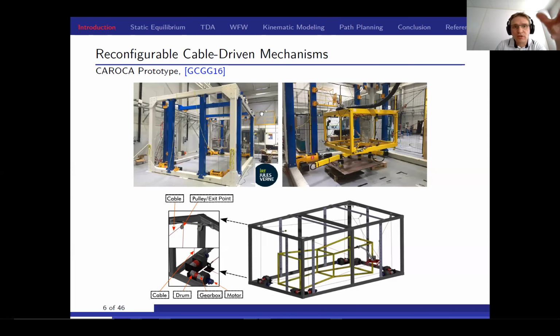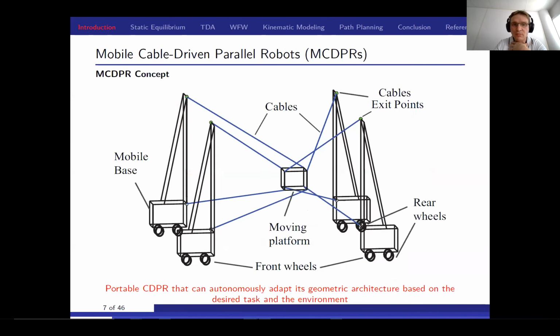The main motivation of this CDPR was to find solutions to get rid of the cable-cable collisions and the collisions between the cables themselves and the environment. The targeted application was to sandblast and paint very large structures, both inside and outside. For this specific application, we needed the CDPR to reconfigure.